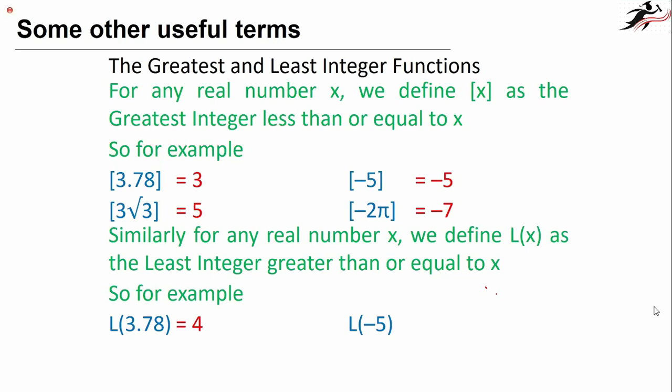That will be -5 itself because it is an integer already. So it will be -5. 3 root 3. That's 5.19. To the right of 5.19, what will be there? 6, correct. So first would be 6.